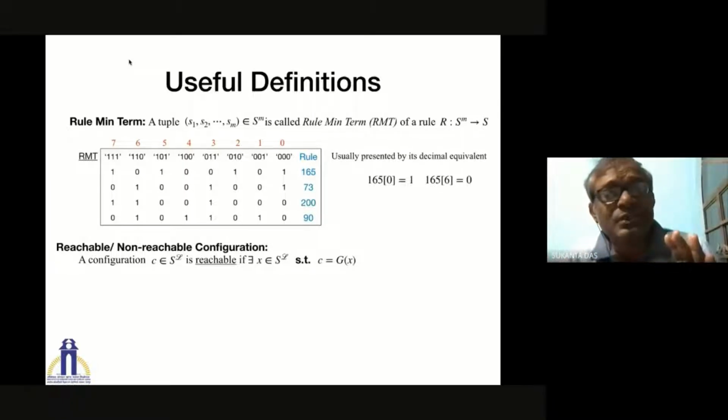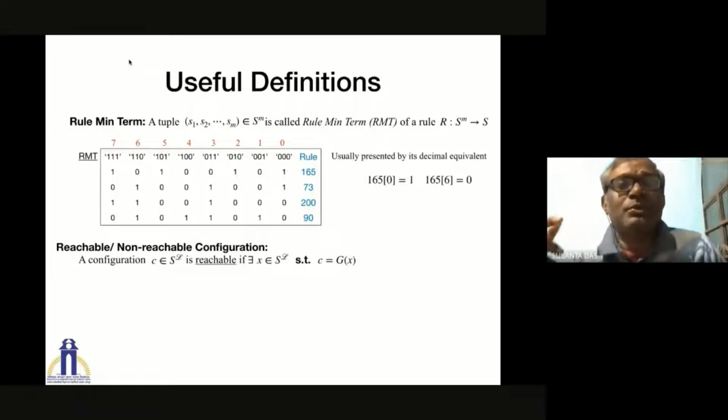Anyway, a configuration C is called reachable if there exists a configuration X such that C equals G(X). G is my CA, right? G is my global transition function of the CA. So G is from S to the power L to S to the power L, my CA.